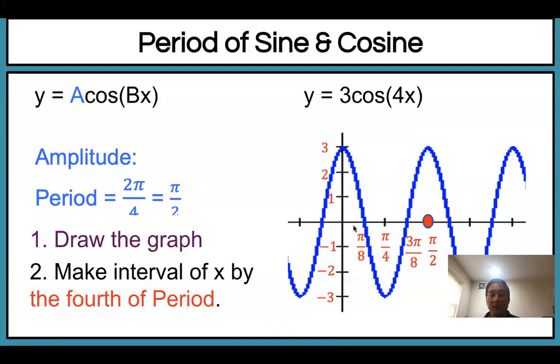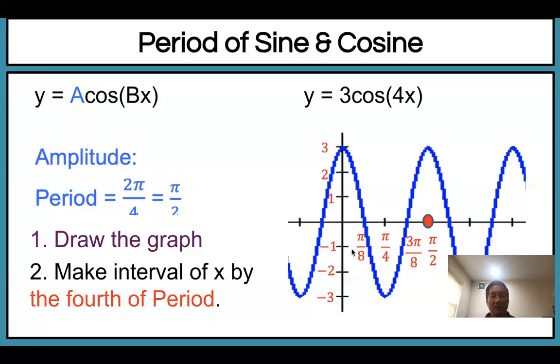So divide into 4 intervals, and then half, another half, and 3 times. So half of pi over 2 is pi over 4. Half of pi over 4 is pi over 8. And then go by pi over 8, pi over 8, pi over 8, 3 pi over 8. All right? So that way you should label this.